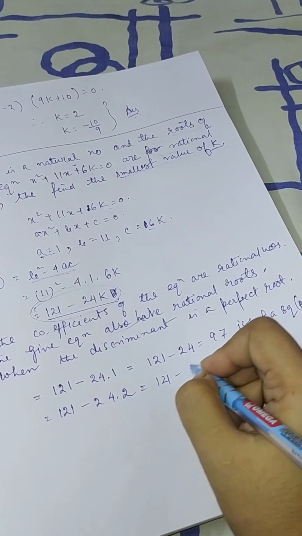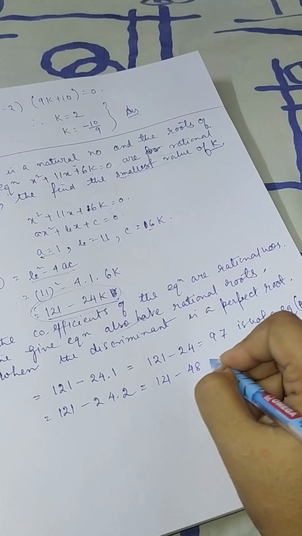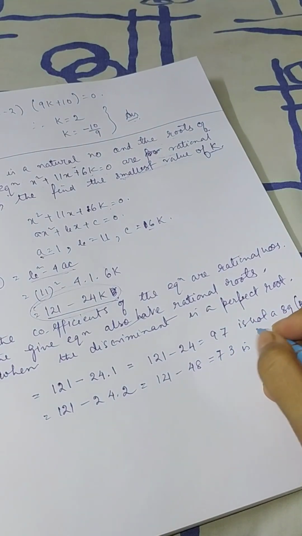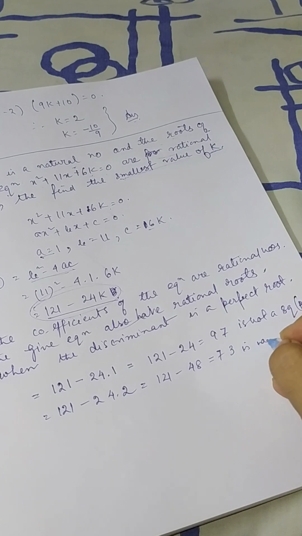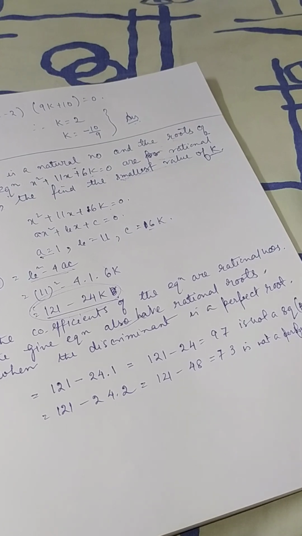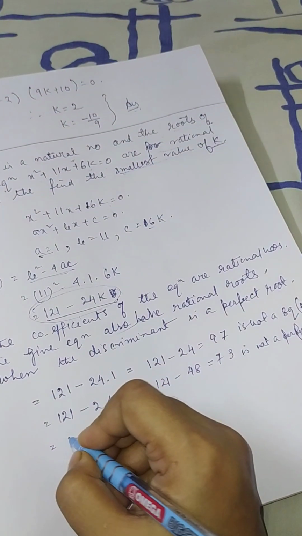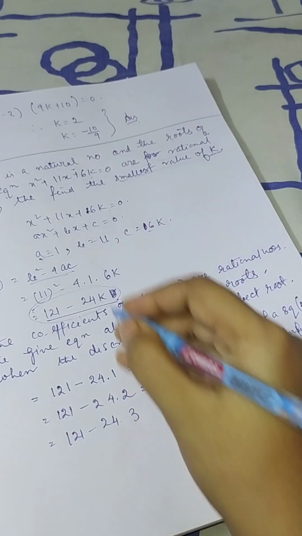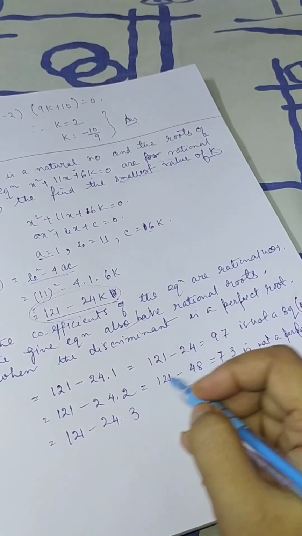What will be the value? 121 minus 48, that will be 73. It is also not a perfect square, right? Next put 3, because we have to find out actually the smallest value of k.